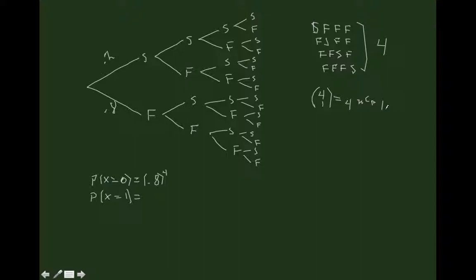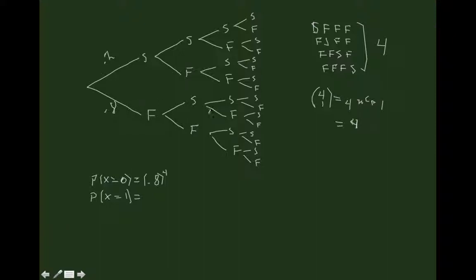And this can be calculated on the calculator. nCr is under the math probability menu. And again, I'm not going to go back there because I'll lose all my writing if I go back to the calculator, and I don't want to do that again. But I want to show you that there's a generalized formula now that we can use. And 4 choose 1, if you do this on your calculator, gives you 4.